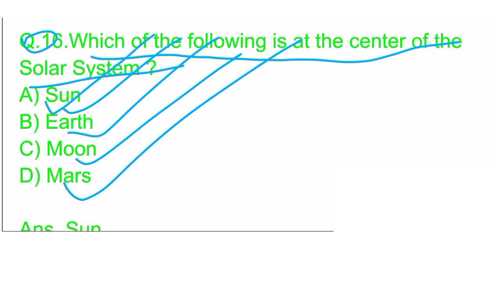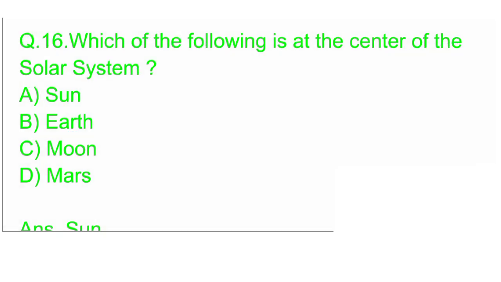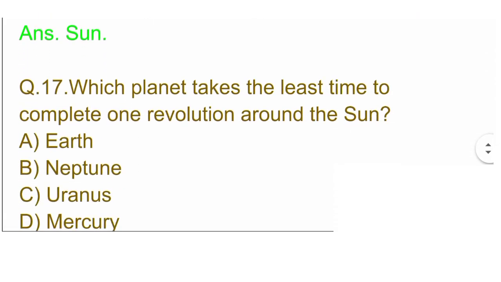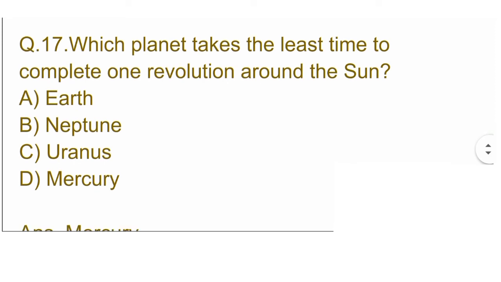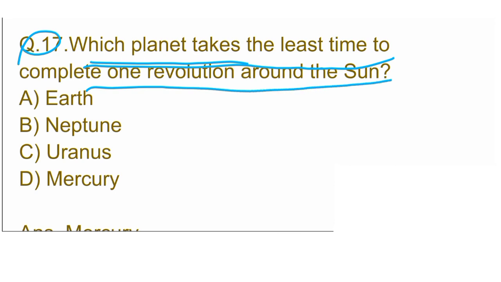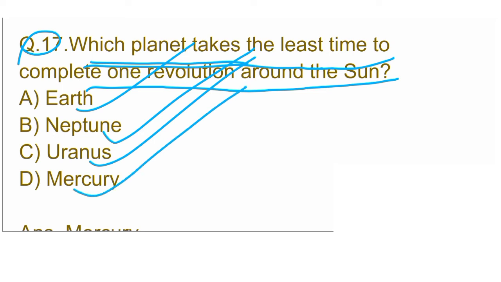Question number 17: which planet takes the least time to complete one revolution around the Sun? Option A, Earth; B, Neptune; C, Uranus; D, Mercury. The correct option is D, Mercury.